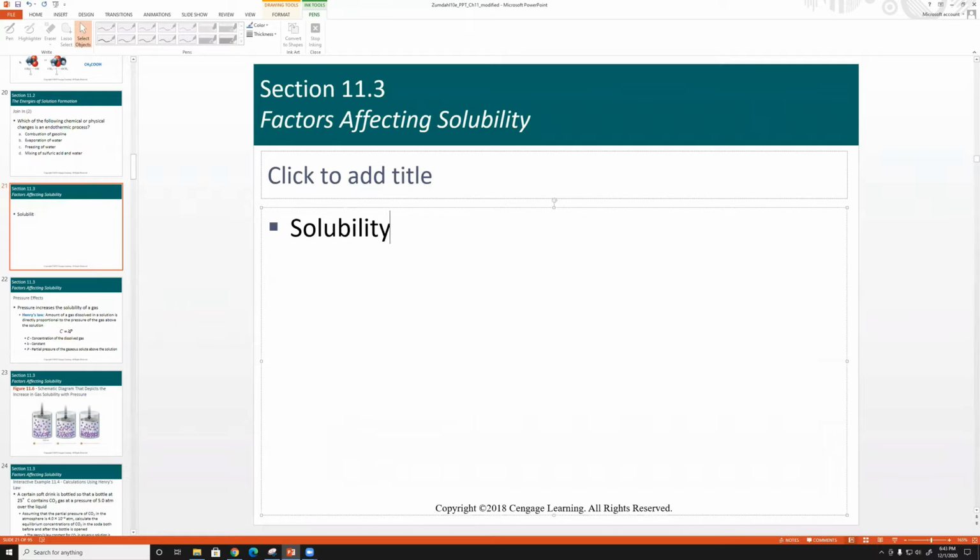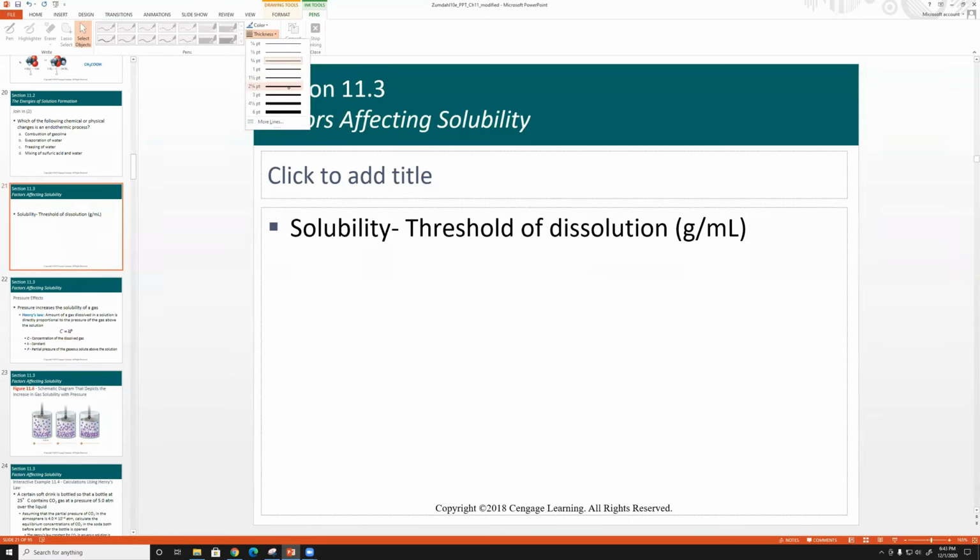The way I like to define solubility is a threshold of dissolution. What this means is that every solvent at a specific temperature and pressure has a solubility of a specific solute, and this solubility level is a threshold.